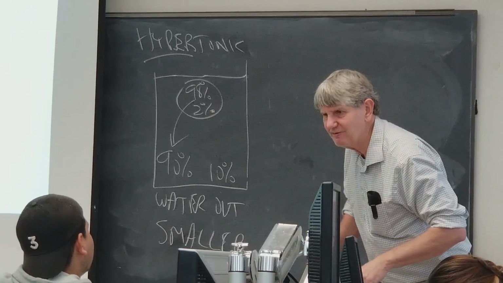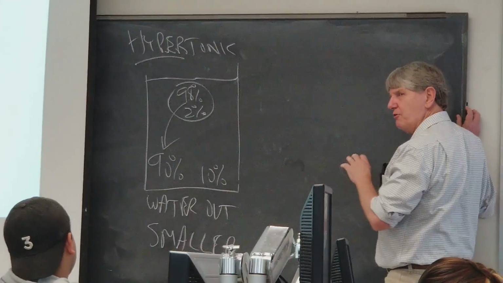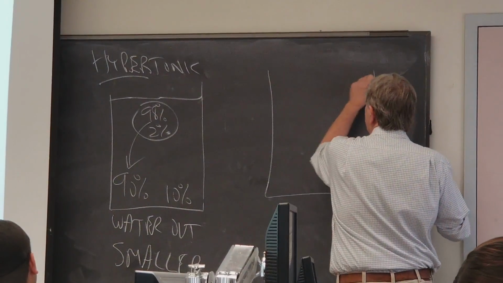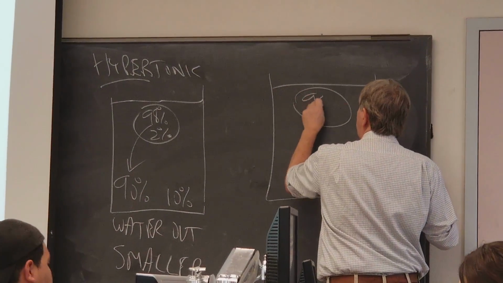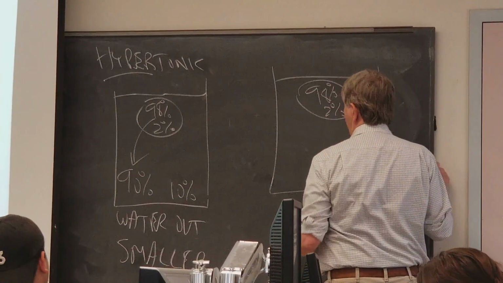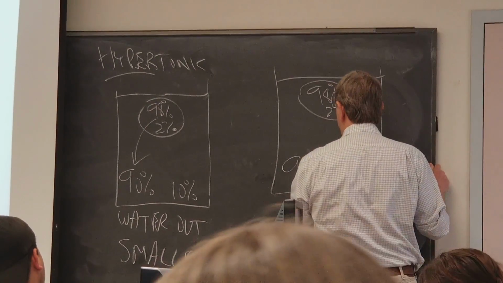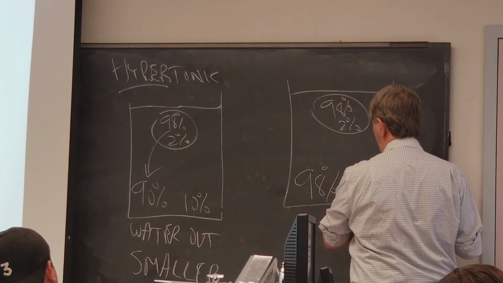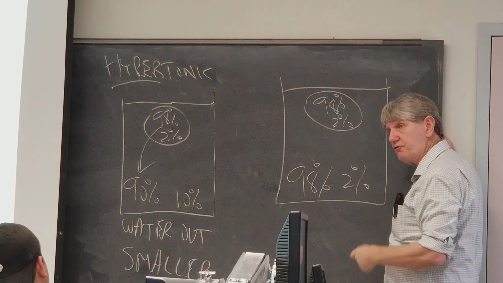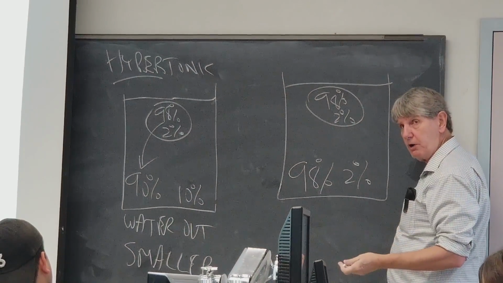Sure. Okay, last one now. Everything's equal. Okay, this is easy here. So you've got again 98% here, 2% right there. Out here, same thing. 98%, 2%. Okay? So because there is no difference, that means in the end there's no net water movement one way or the other.